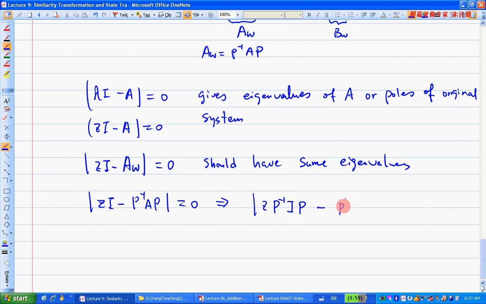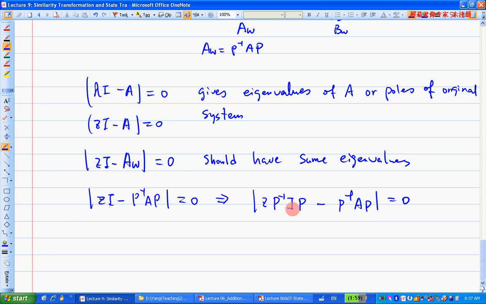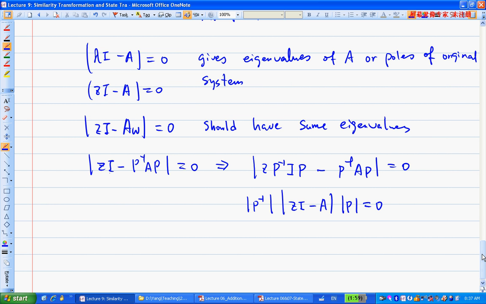So minus P inverse A P. I'm just rewriting it, introducing this for ease of operation. Then you see P inverse here, P inverse here, P here, P here, so that can actually be written as this.